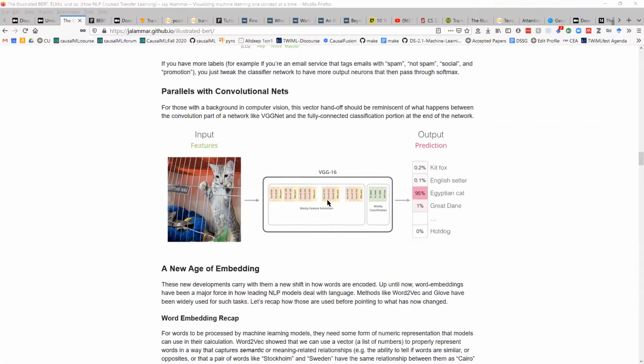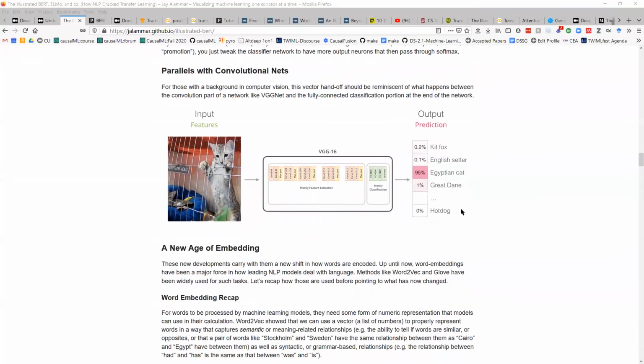We had a bunch of CNN layers, and at the end of that, it had an output with the number of classes that we wanted to classify. So if we wanted to classify 37 dog breeds, we'd have to have an output with 37 elements in it, and then that would go through a softmax, and then it would give a classification.